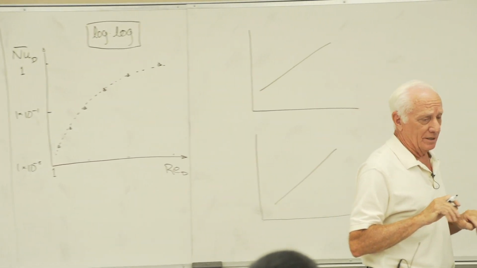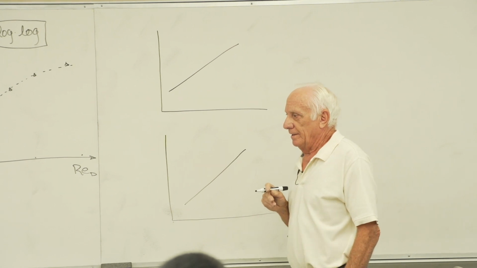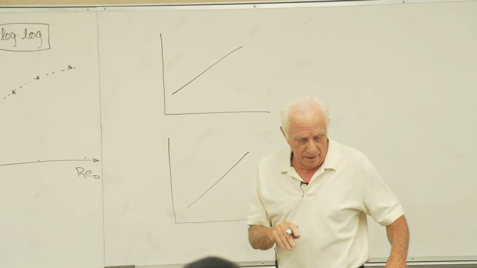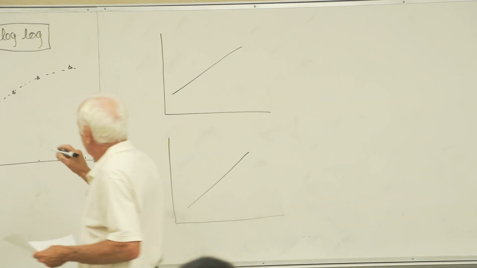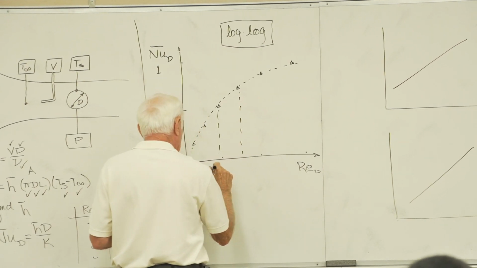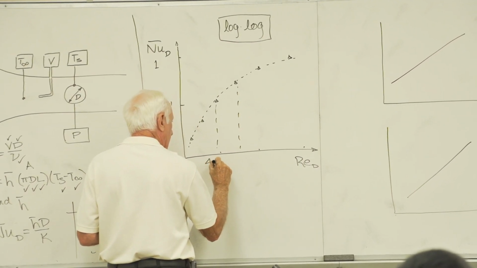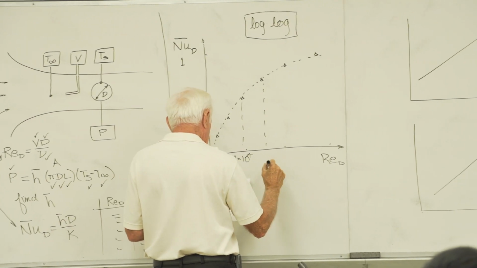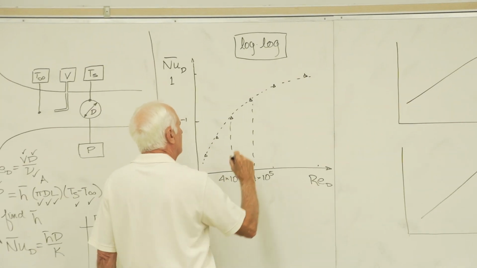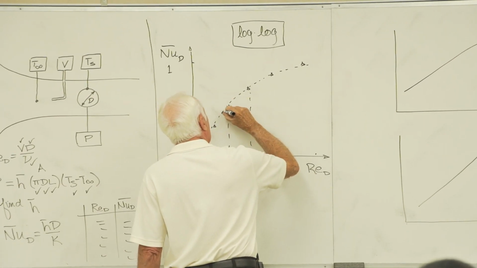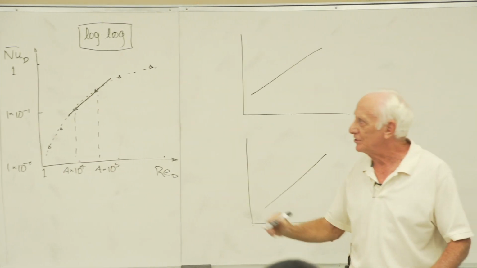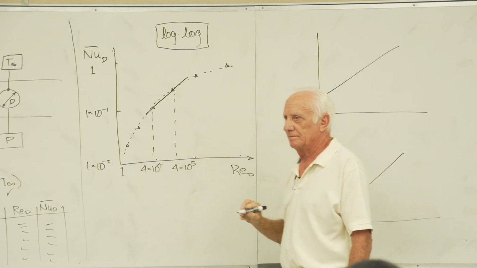Well, I don't have a straight line. I've got a curved line on that paper. That's okay. We'll play this game now. If I take these two data points right here, and this is 4 times 10 to the 4th, and this is 4 times 10 to the 5th, I can just about draw a straight line through those 2 points, and it looks just about like my dashed line.